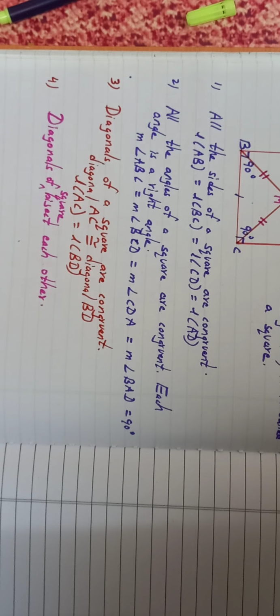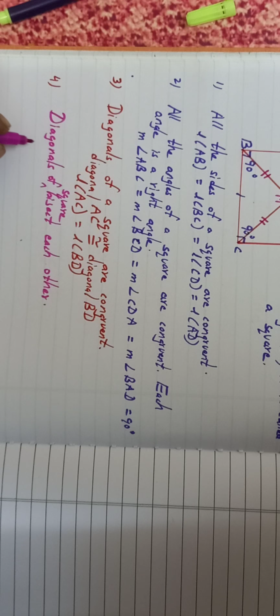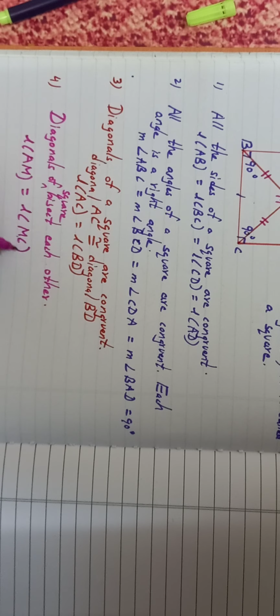So we will write, diagonals of a square bisect each other means what? Length of AM will be equal to length of MC, equal to half of length of AC.